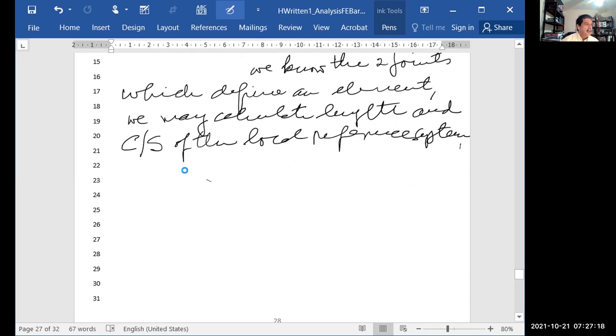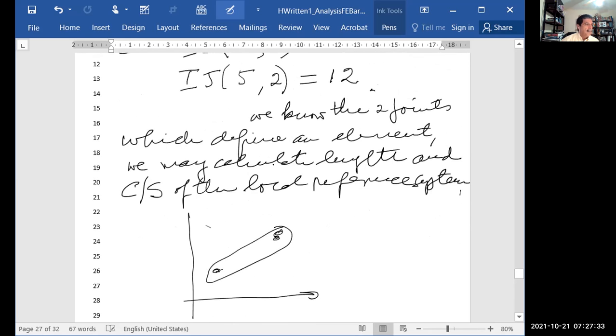For example, in the case that we were explaining, I have this and that. I have for this joint, I think it was joint 9. Let's suppose this is joint 9 and this is joint 12. Since this is X local, this is Y local, this is going to be theta for this element.